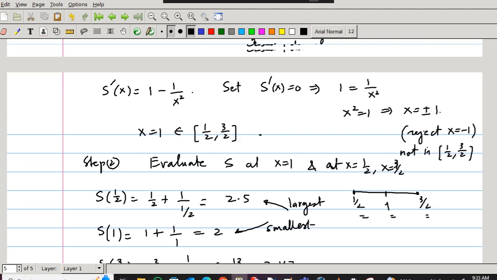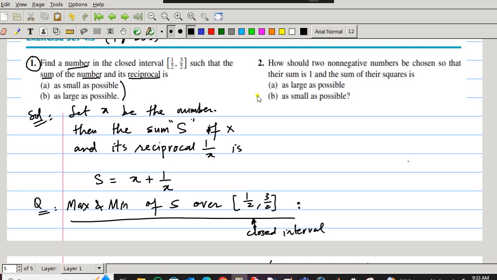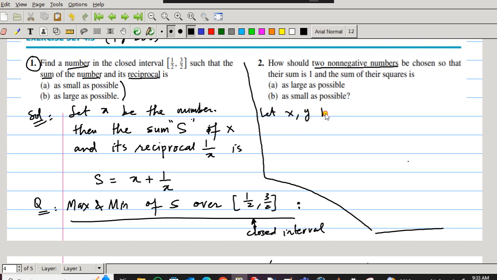For the second one, I can give you the hint here. Okay, what is the hint? He said, how should two non-negative numbers be chosen? So we can say that let x and y be two non-negative numbers, right? So that their sum is 1 and the sum of their squares is as large as possible.